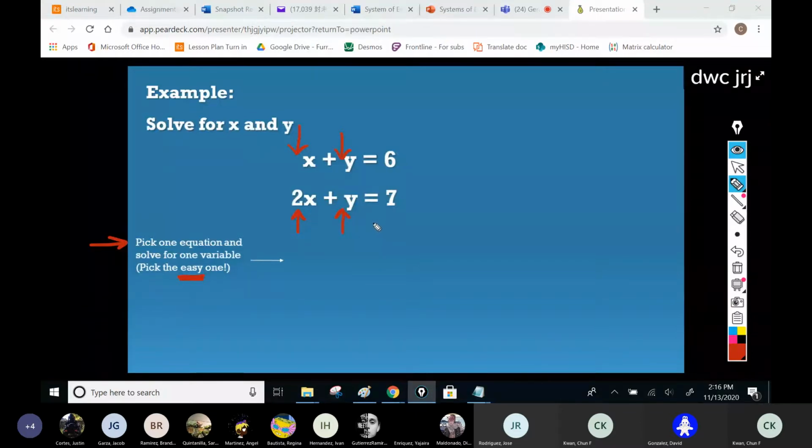Whichever has fewer is going to be the easy one. You really want to do yourself a favor and pick the easy one. So we're going to pick the first one and solve for one variable first. So we'll do x plus y equals 6.